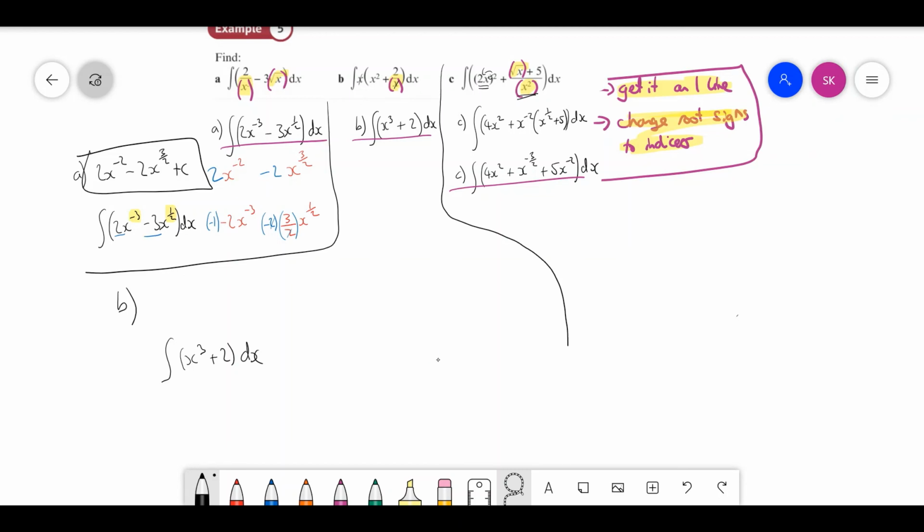So I know that if my original expression differentiated to give x to the power of 3, then originally it would have been x to the power of 4. When I differentiate x to the power of 4, I get 4x cubed. I don't want 4x cubed, I want 1x cubed, which means I need a quarter of x to the power of 4 in order to get this. If you want to check that, you can do it now.